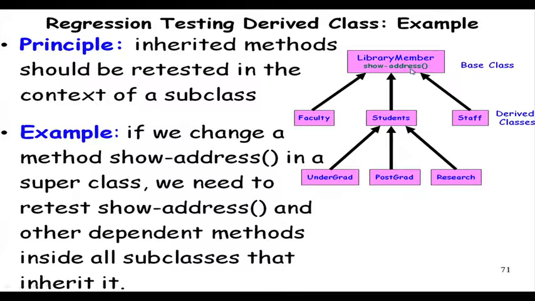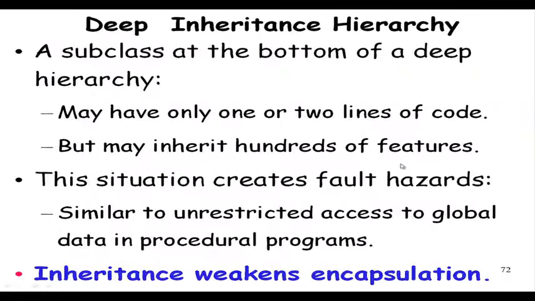So, do we test it well in the base class and leave it there? No. We have to test the same method in every class in the hierarchy. So, if we have a deep class hierarchy, we will have a lot of testing to do.